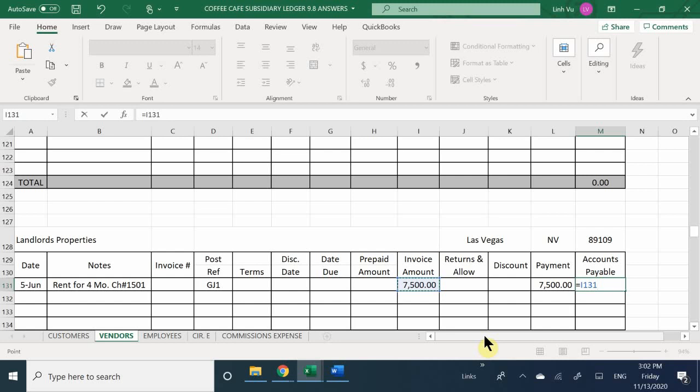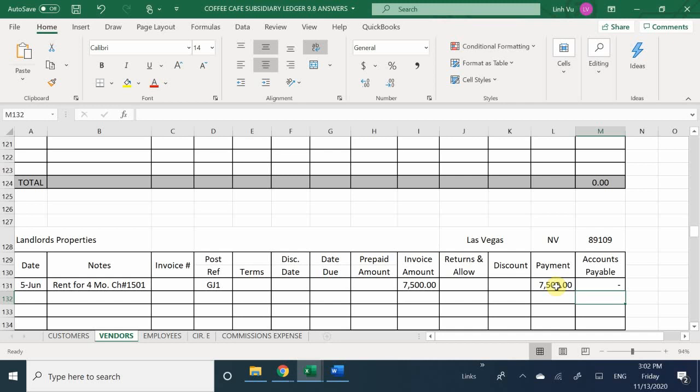Then you're going to subtract, of course, your prepayments, right? Because usually that should reduce your actual bill. You're also going to subtract out any returns and allowances, subtract any discounts, and then lastly, subtract any payments. Okay? So right now, you owe landlord properties $0.